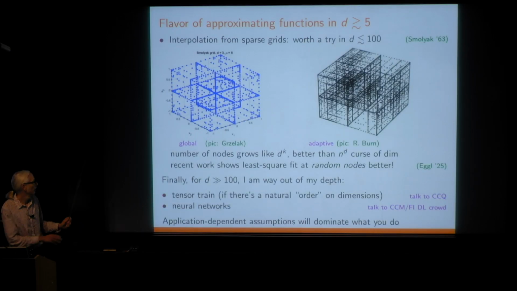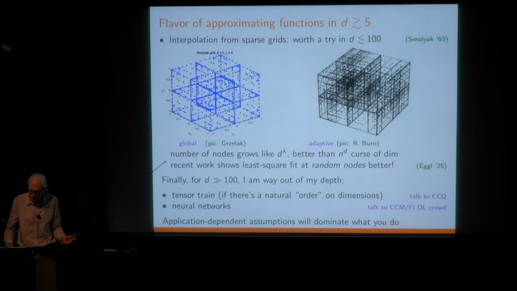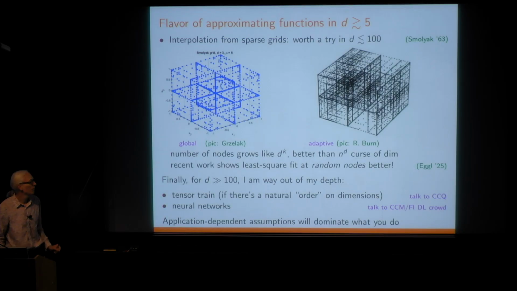And then I'm way out of my depth for high dimension. Tensor train, if your dimensions sort of talk to each other, there's a natural ordering on dimensions, is worth trying. And then there's neural networks, and just talk to other people about all of that. But the main point about high dimensions is the assumption on the function is going to be so strong, because you can barely sample it very much. It's mostly gaps.